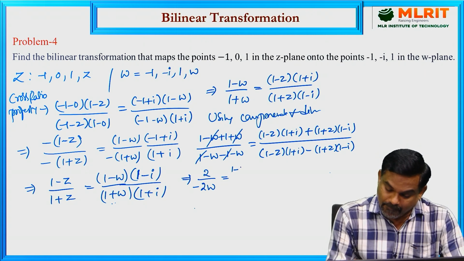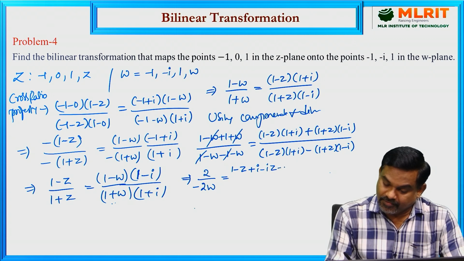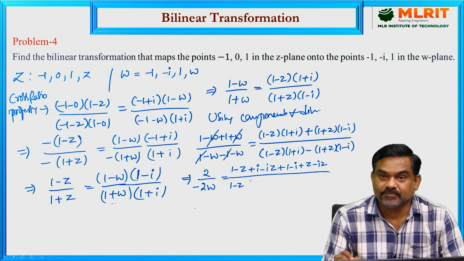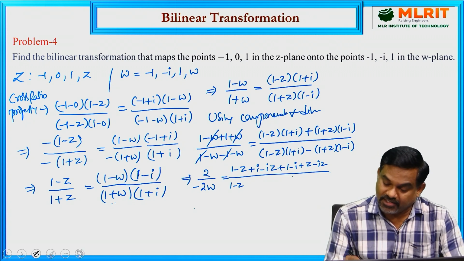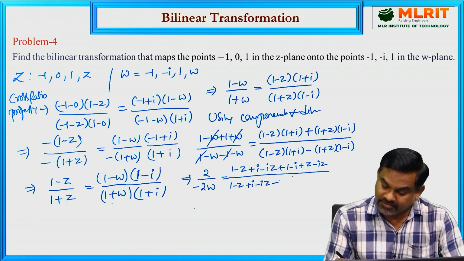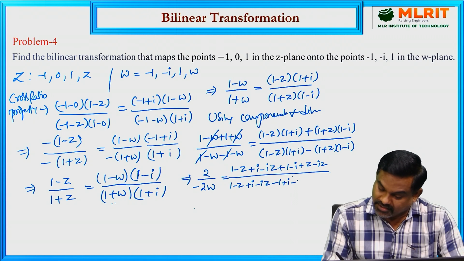minus z plus I minus iz plus 1 minus I plus z minus iz divided by 1 minus z, denominator 1 minus z plus I minus iz minus 1 into 1 minus I. So, minus 1 plus I, next minus z plus iz.